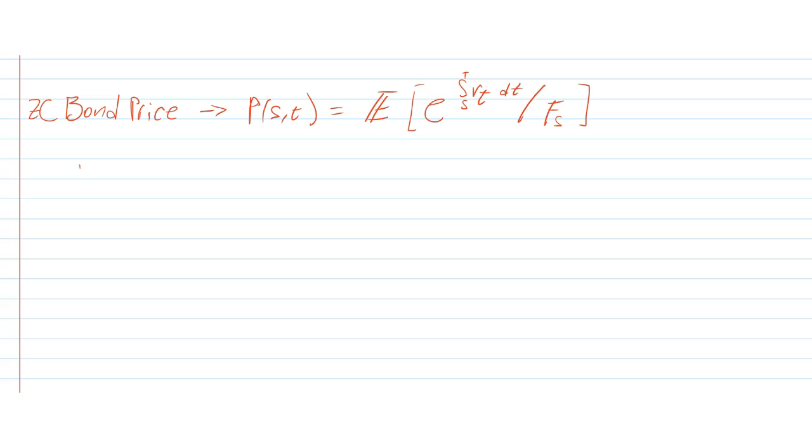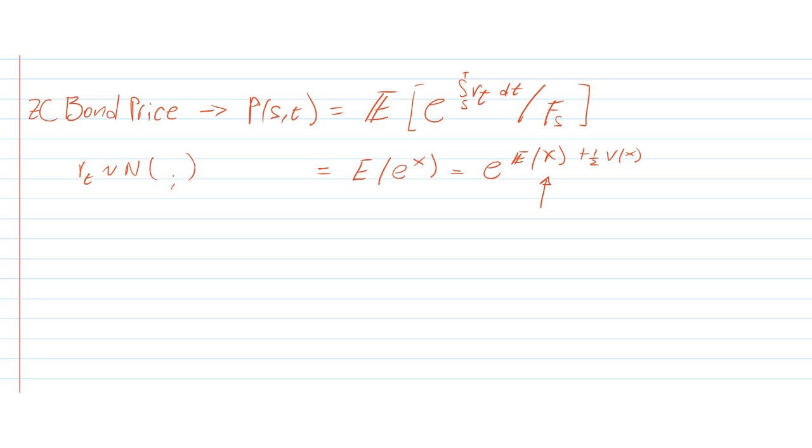And because r_T was normal, for any normal variable X, remember the expectation of e to the X can be written as e to the expectation of X plus half the variance of X. So this will allow us to have the bond price.